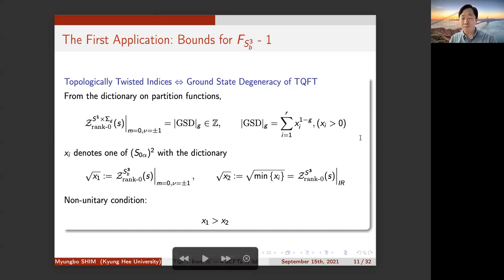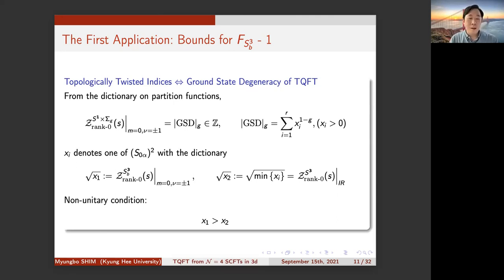Xi will be related to the S-matrix component of modular data. The known formula for ground state degeneracy on a genus g Riemann surface is the sum over xi with the exponent 1 minus g.